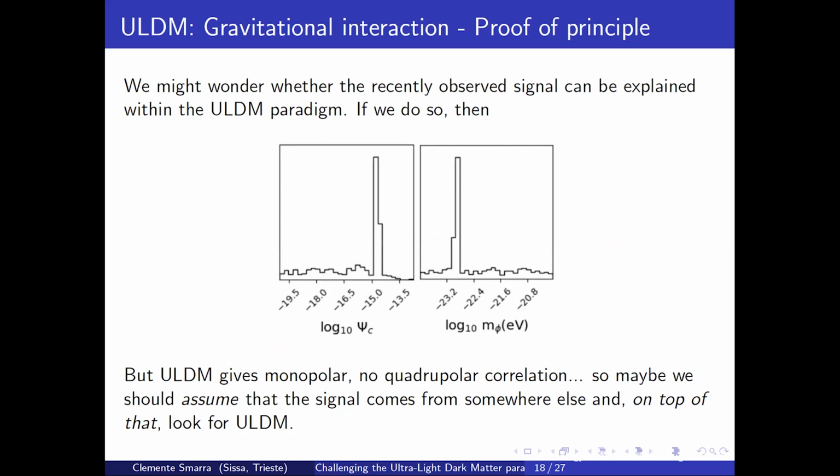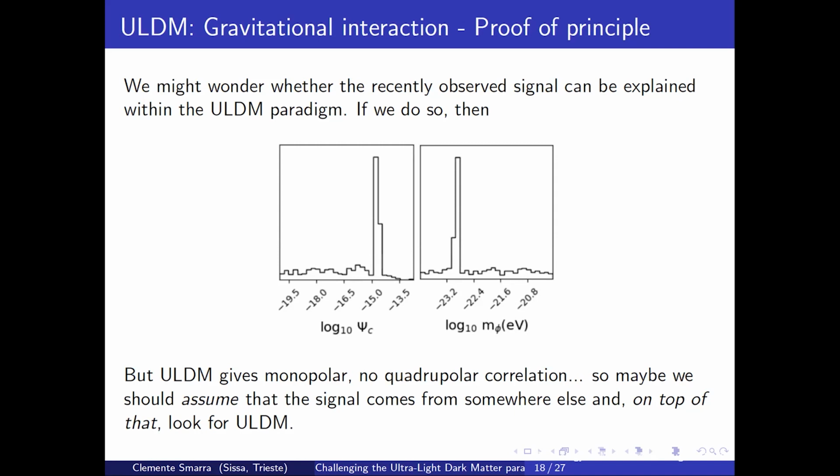What do we find? Well, if we just consider dark matter, we find a huge spike, a huge excess for a dark matter mass of almost 10 to the minus 23 electron volts. But we should be a bit more careful, because ultralight dark matter, as we wrote it, gives monopolar and not quadrupolar correlation, which instead has been observed.